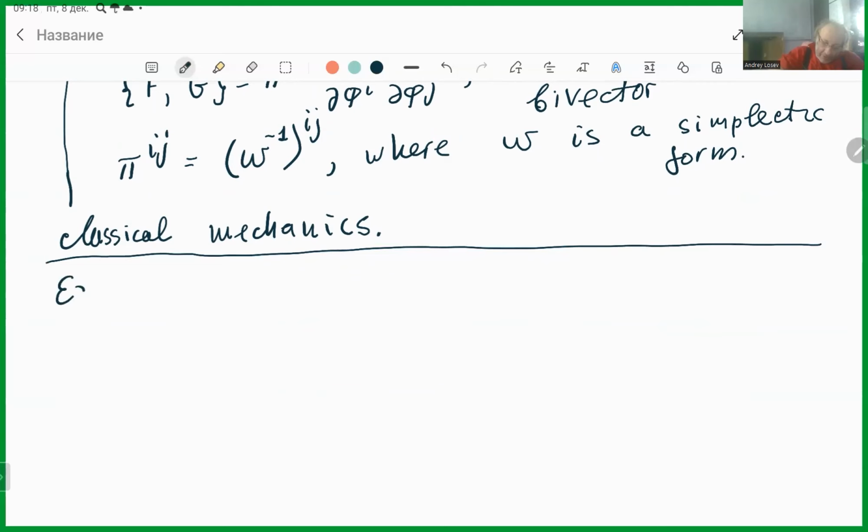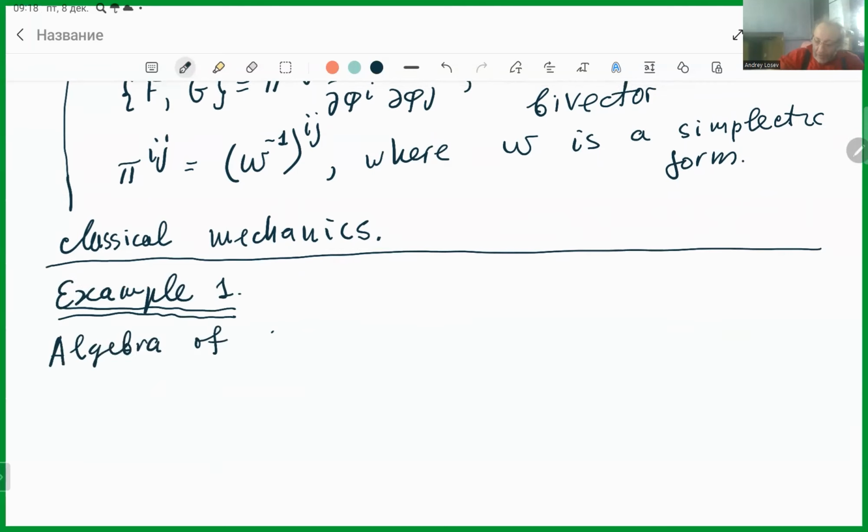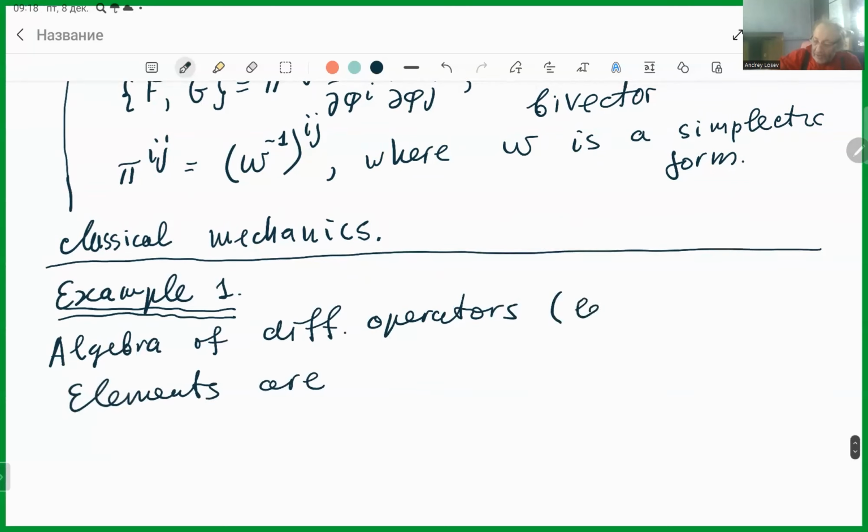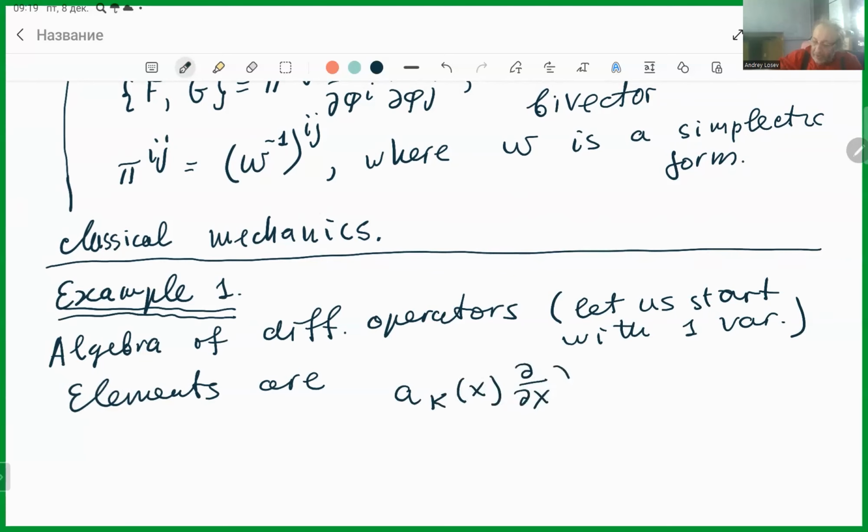Through examples. Algebra of differential operators. Elements are, so let us start with one variable. Elements are a_k of x, d over dx to the power k, and here we take a sum up to n.